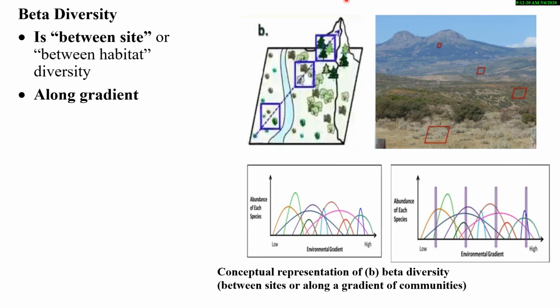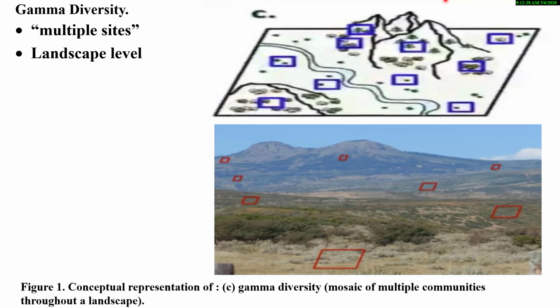Now let us look at the next level at which diversity can be assessed. We have gamma diversity. What do you mean by gamma diversity? We are using the same diagram.